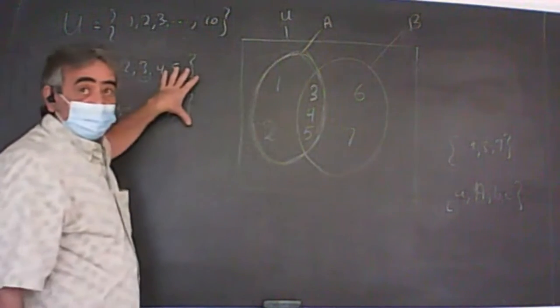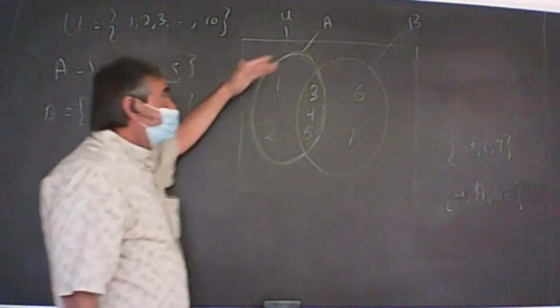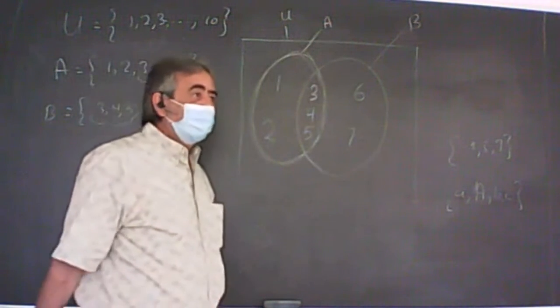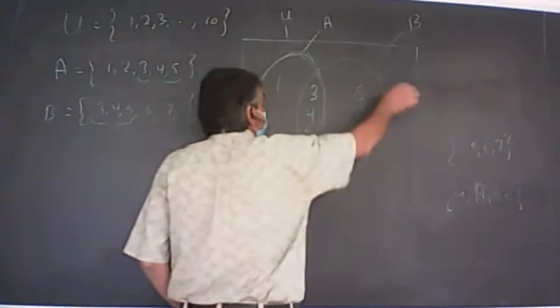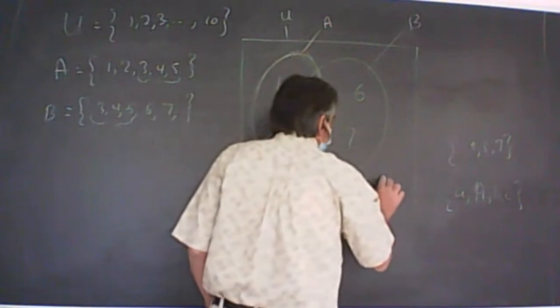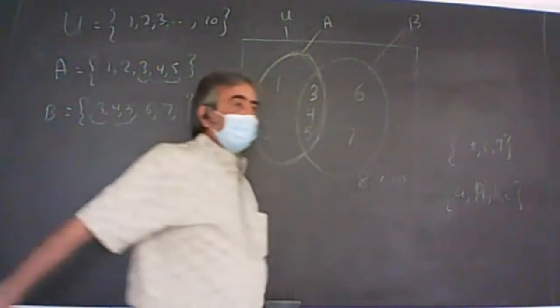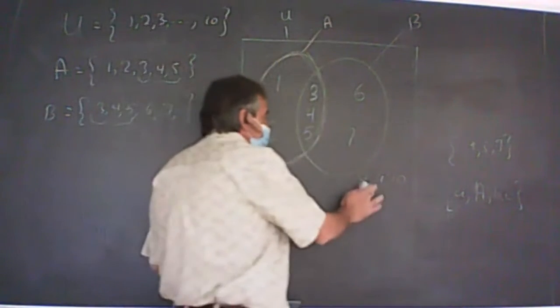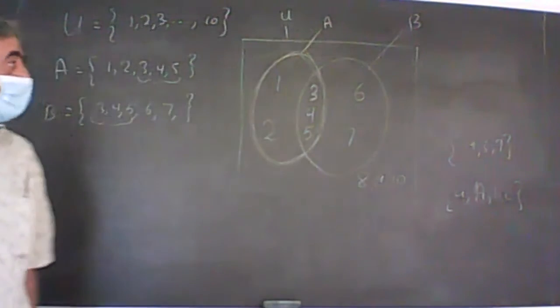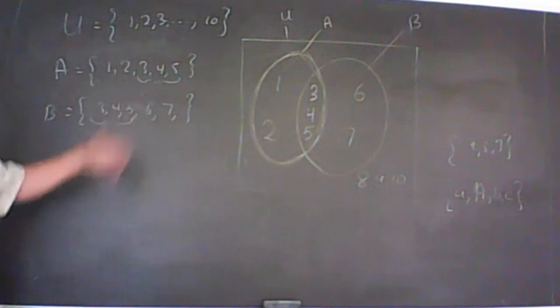They're not in the circles because the circles are for A and B, but they have to be in the square. So the area that's not in the circle but in the square would be anywhere in here. Really doesn't matter. So let's say 8, 9, 10. So now this is a Venn diagram representing those three sets.